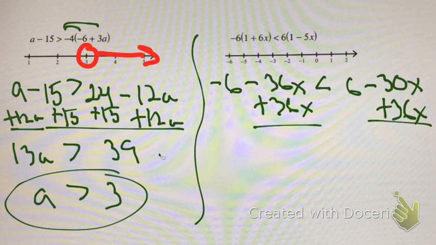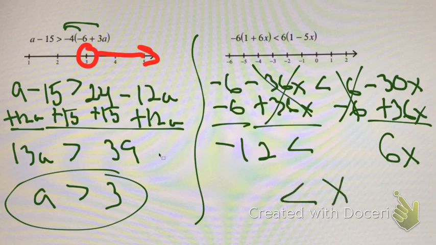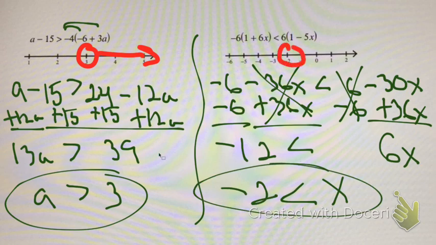Reason why, I've added 36x, canceled it on the left, and if I do that, that actually gives me a positive 6x over on this side. And then I want to take away 6 from both sides as well to get this 6 on the right over to the left. Minus 6 is minus 12. And that's a less than. So then I just divide by 6. So I've got x is less than minus 2. And there's minus 2, less than. Don't shade it in, there's no equal sign.